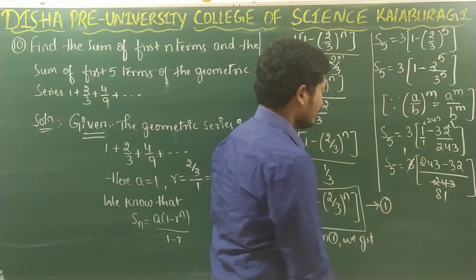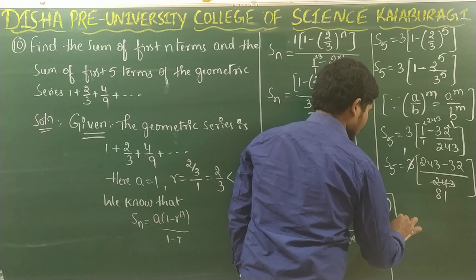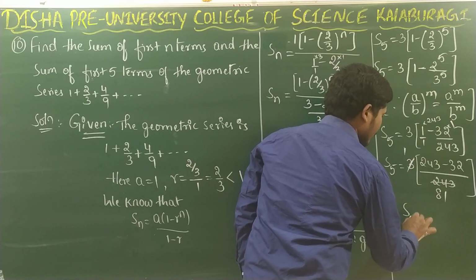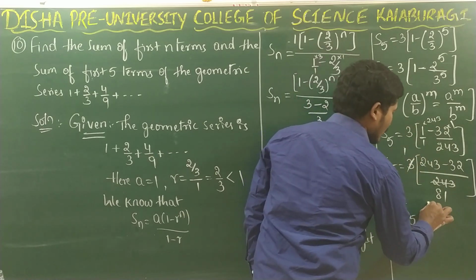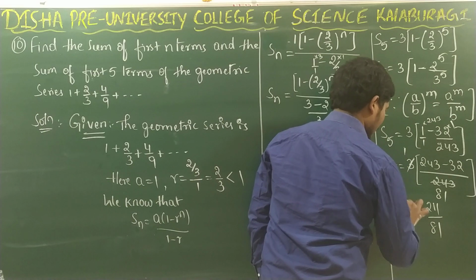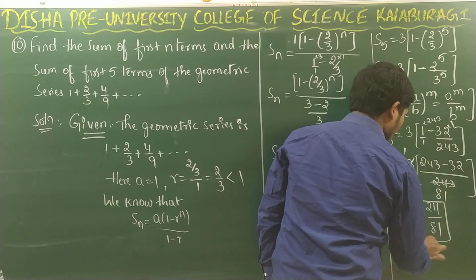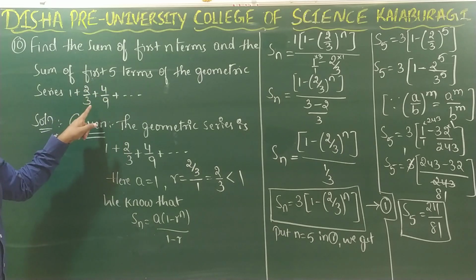So it gets cancelled. So therefore, S5 is equal to 243 minus 32 will be 211 divided by 81. So this is the required sum of first 5 terms of the given geometric series.